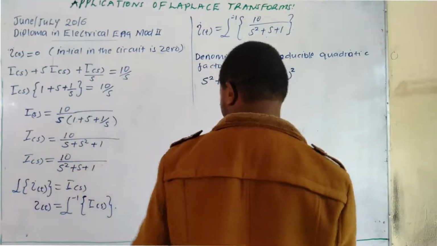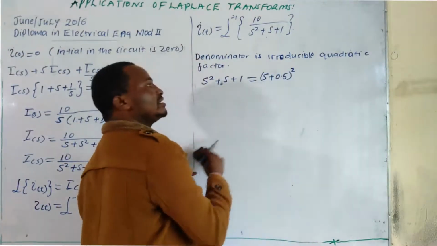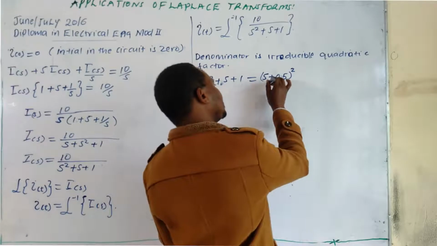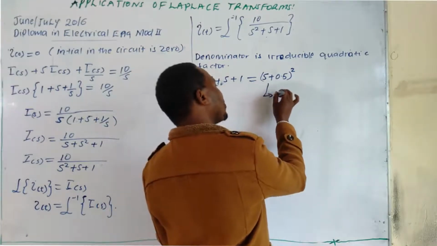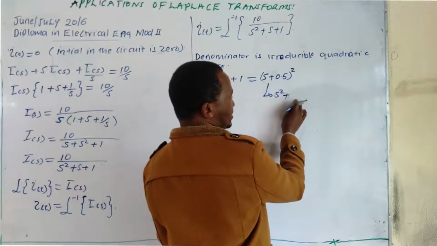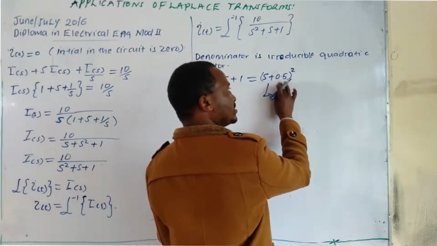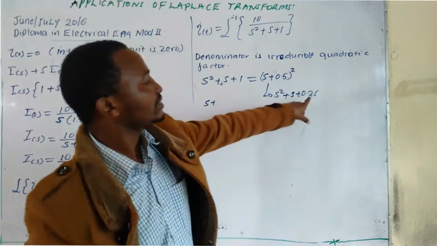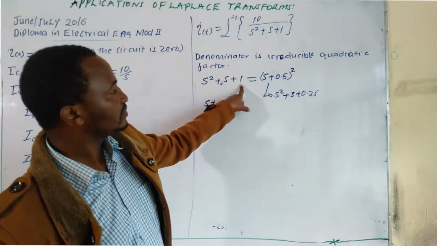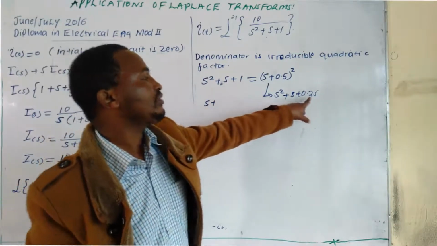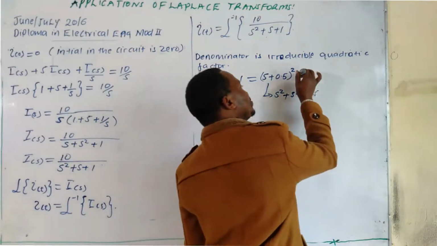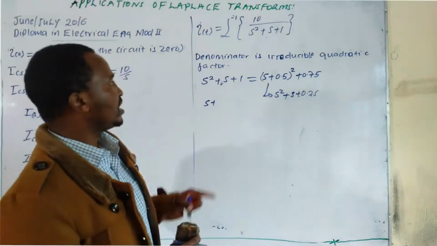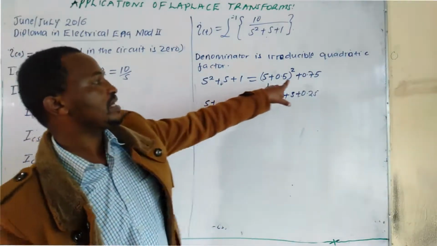What will it give us? If I square s plus 0.5, it will be s squared plus s plus 0.25. But actually, I have a 1 here, not 0.25. So we need to add 0.75. Now this is the same as this.